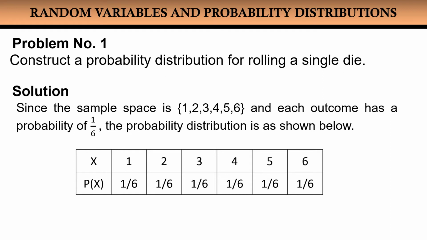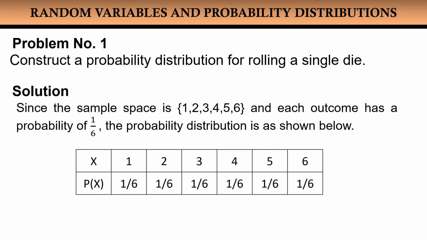So therefore, the probability distribution will be the table here. So yung variable x natin, yung random variable x natin, ang possible values niya yung 1, 2, 3, 4, 5, 6, the elements of the sample space, and their corresponding probabilities, which are 1/6, 1/6, 1/6, and so on.